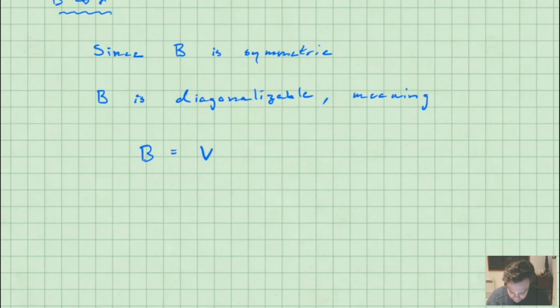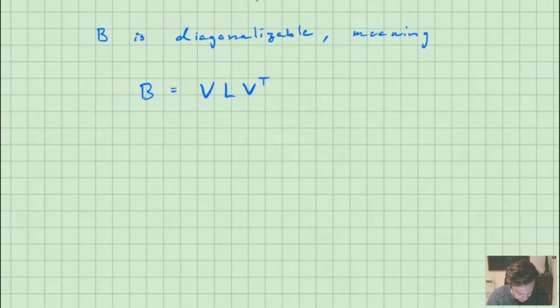You can write it as a product of 3 different matrices, V, L, and then V transpose, where the following is true.